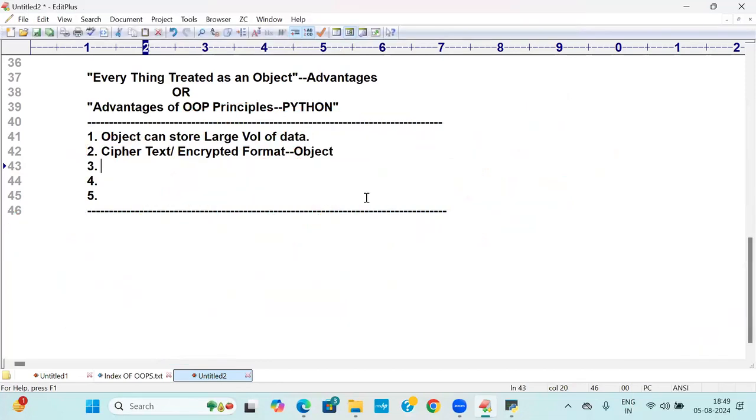Are you getting this point? So a large volume of data can be transmitted all at once. That gives you effective communication. I think you are catching my point.